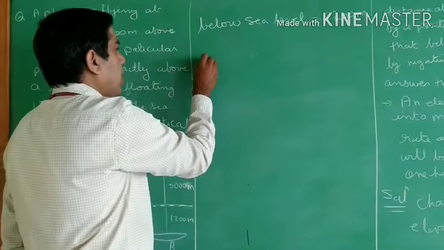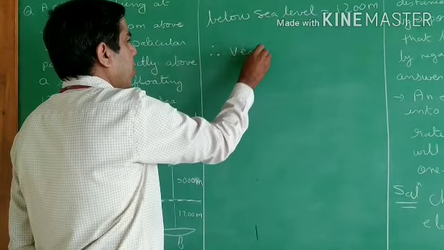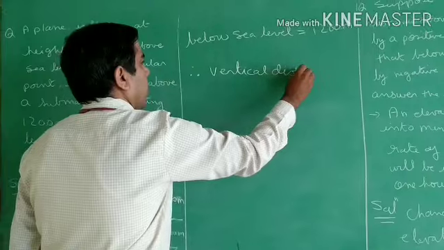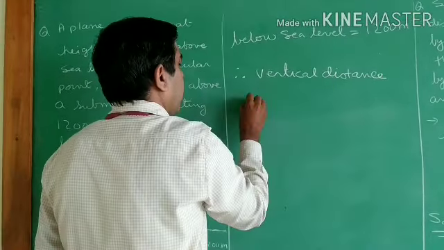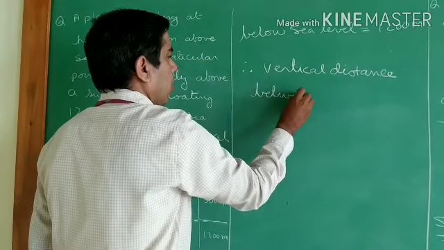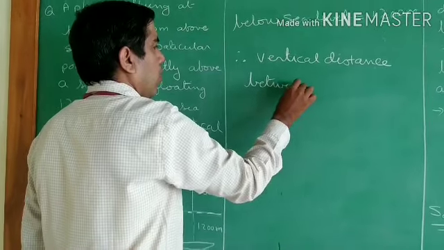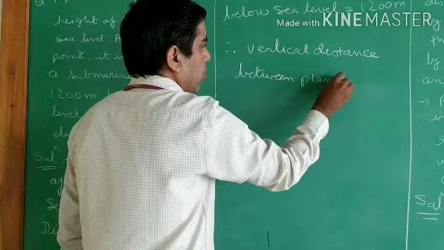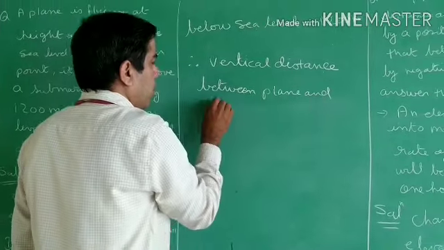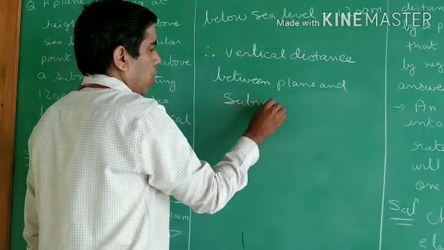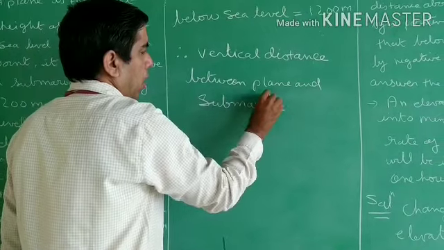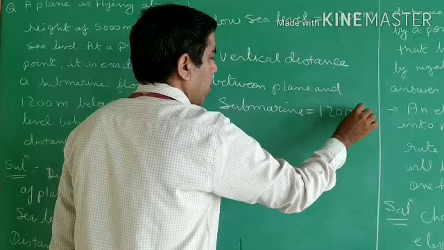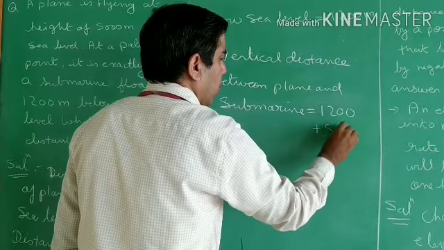Therefore, we will write vertical distance between plane and submarine equals 1200 plus 5,000.